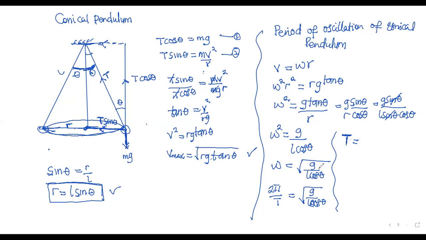Please, 2 pi over square root of g over L cos theta. Sorry, there's something wrong. Look through it again.